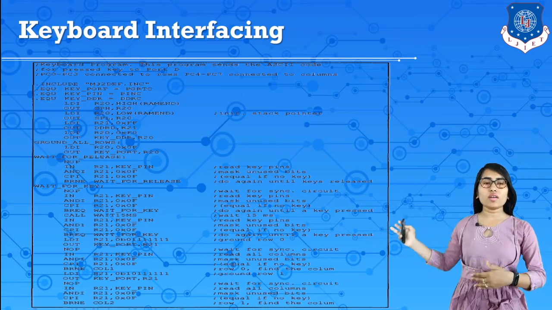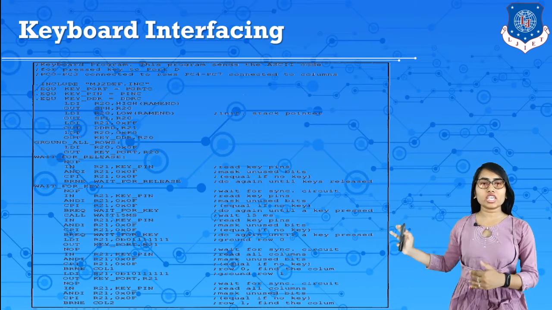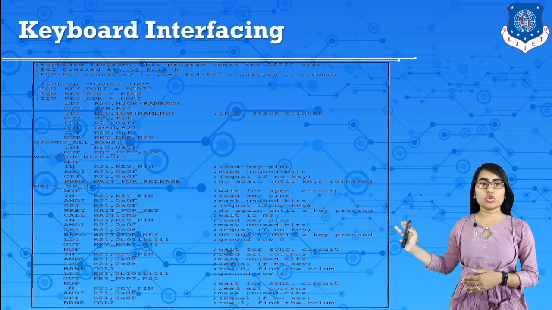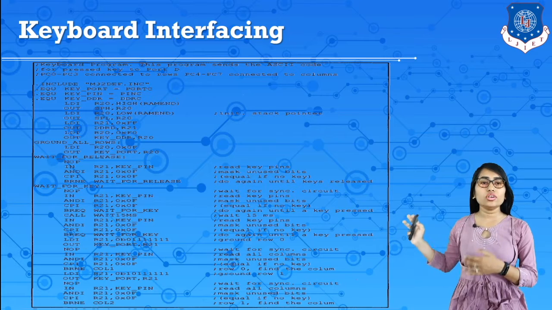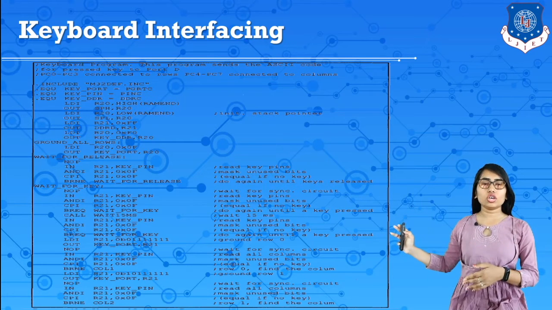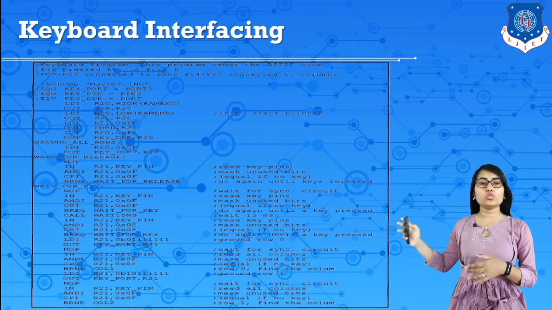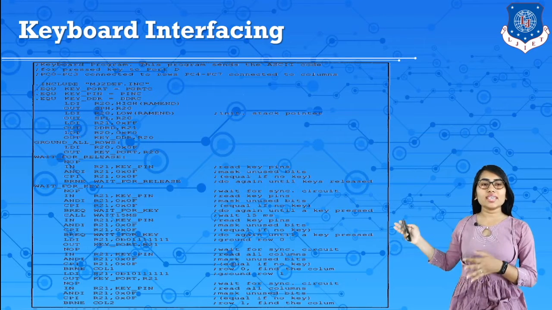Here we have a program for keyboard interfacing. This program sends the ASCII code of the pressed key to port D whenever a key is pressed.